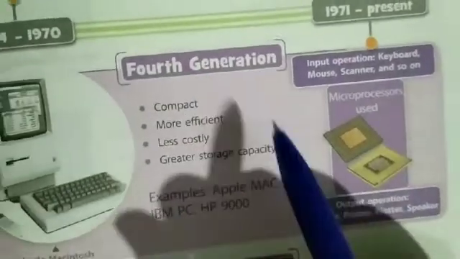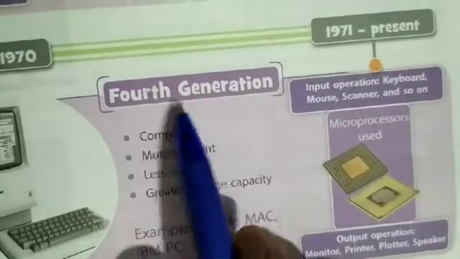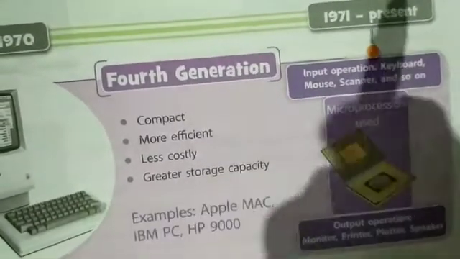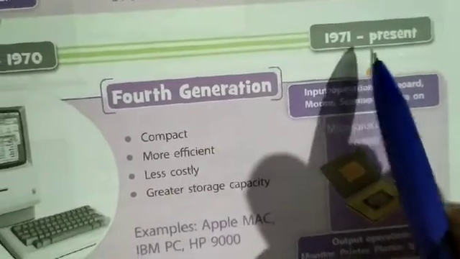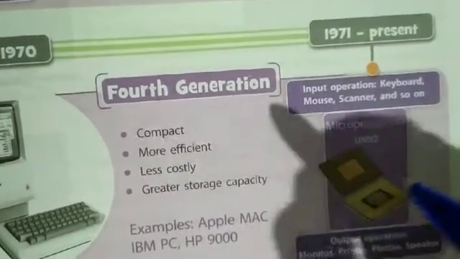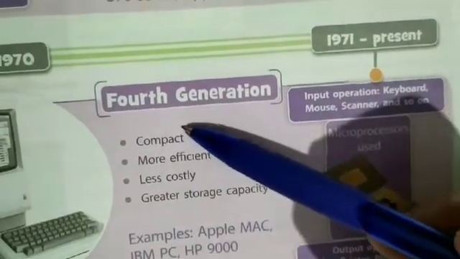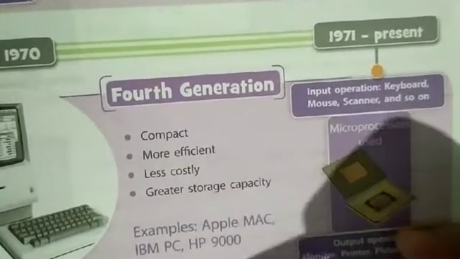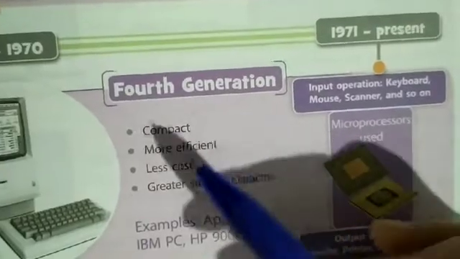Now after this, fourth generation computer, and the time period of fourth generation computer is from 1971 till date. Means nowadays fourth generation and fifth generation computers are included.